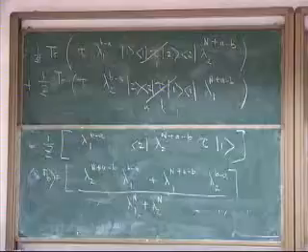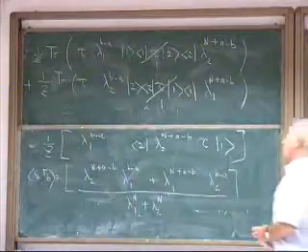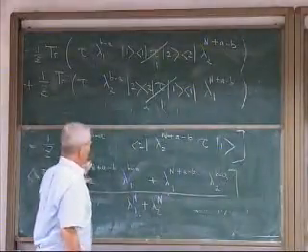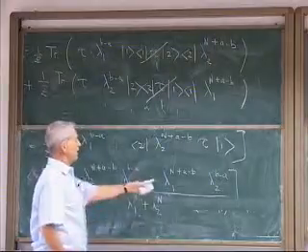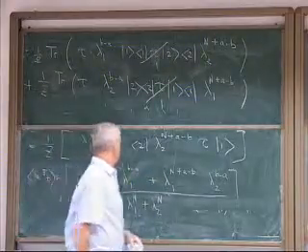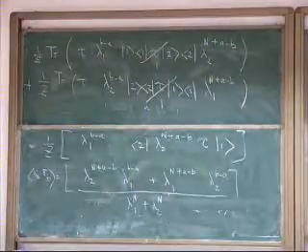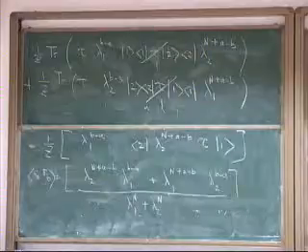So if I take the larger limit, the leading term here for n large is this one. I will factor lambda 1 to the n, both in numerator and denominator.